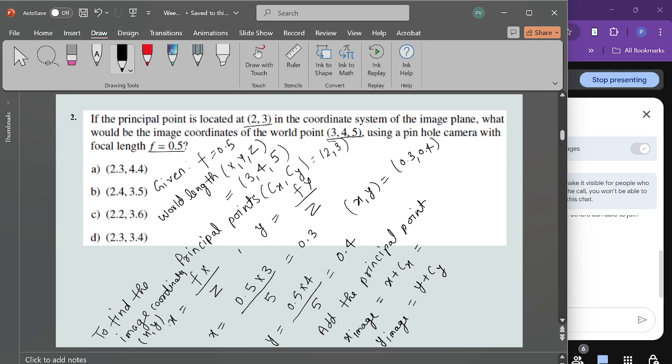We got x as 0.3 and cx is 2, so you will get 2.3. Similarly for y, 0.4 plus 3 gives 3.4. So the image coordinate is 2.3 comma 3.4. Which option is the correct one?